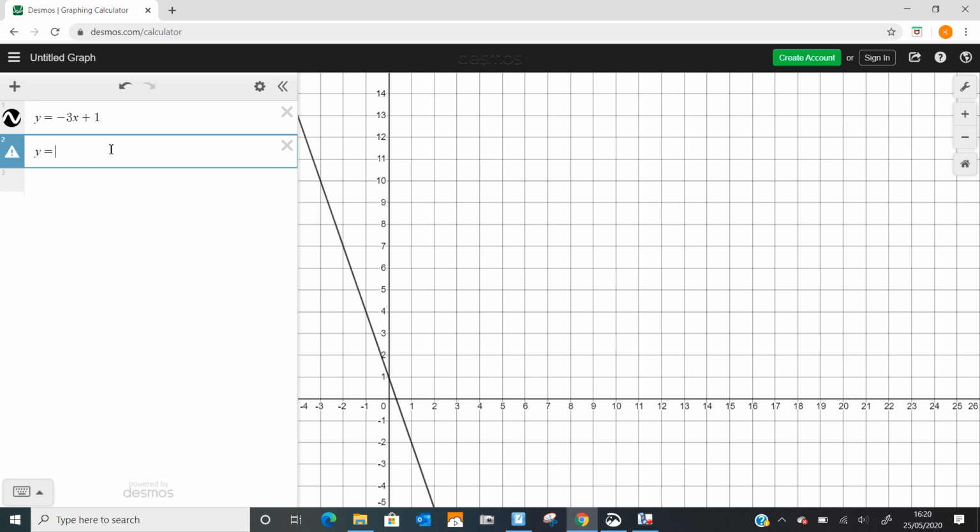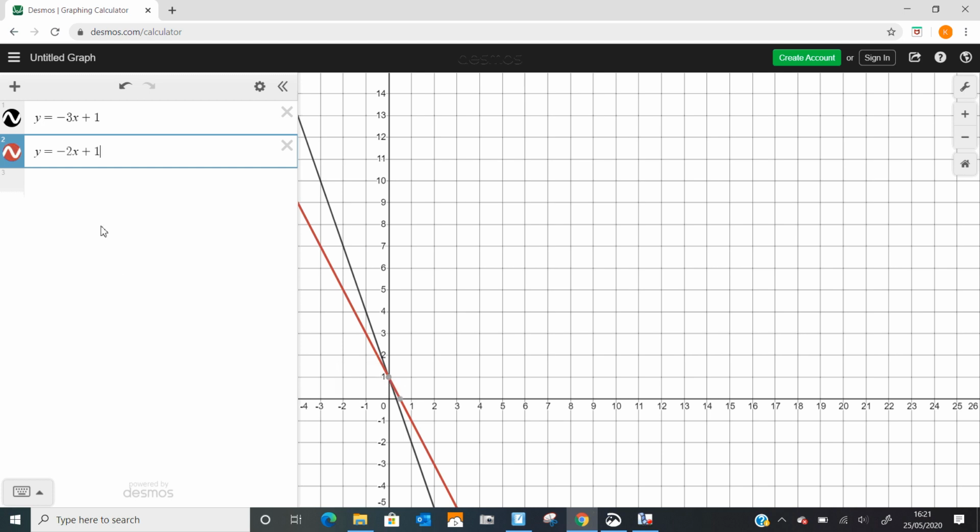So y is equal to minus 2x plus 1. What I can see there is, because this number is the same, and I'm starting with y equals, I know it's going to come through the same point on the y-axis. So it's coming through the point 0, 1.